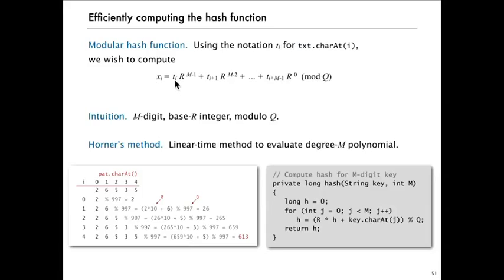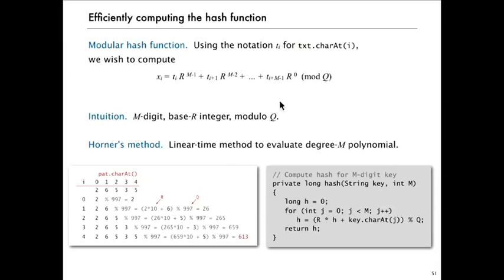And that's just, in math, T sub i times R to the M minus 1, and so on. So, in this case, that's 2 times 10,000 plus 6 times 1,000 plus 5 times 100 plus 3 times 10 plus 5. That's just math for that. And our goal is, so it's an m-digit base R integer modulo q, and our goal is to do the math to give us the remainder that we would get when dividing that by q.